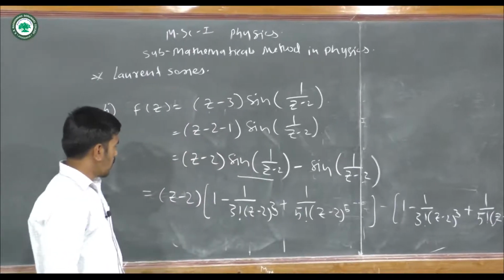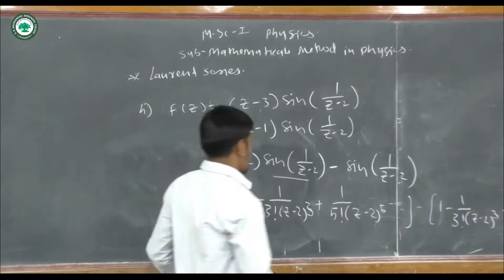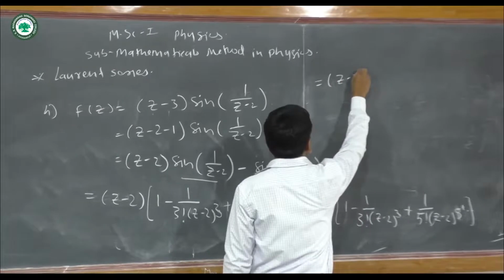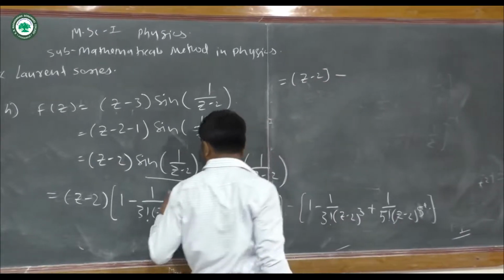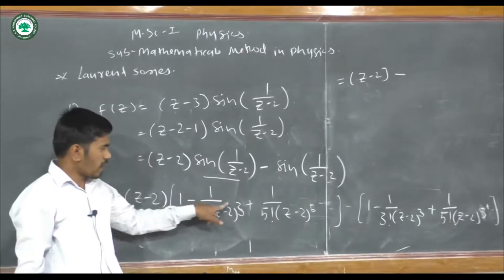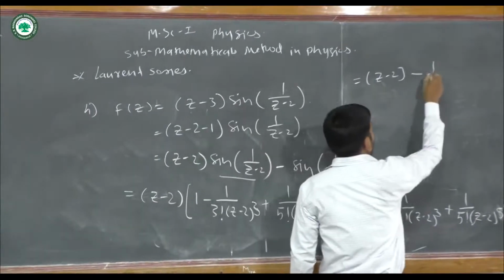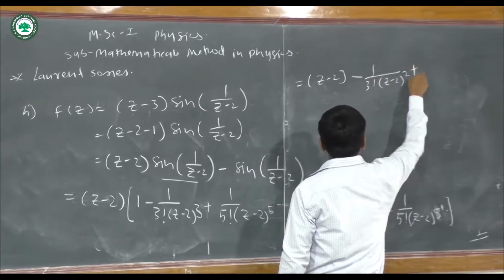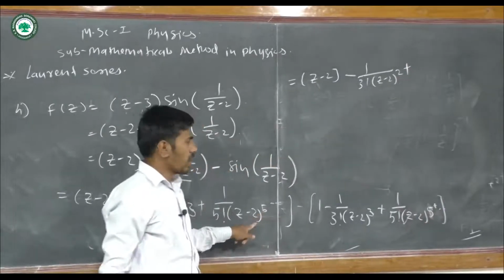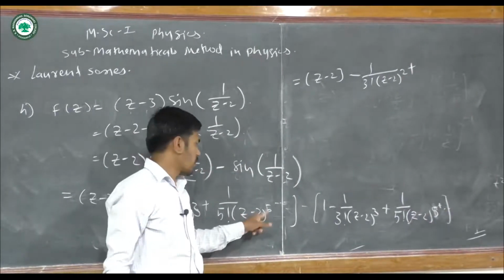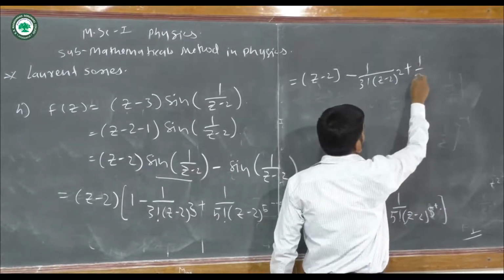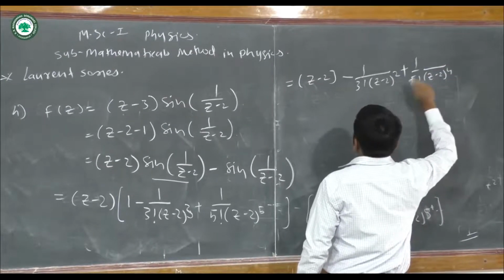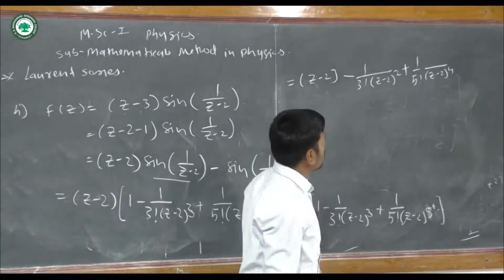Now if I multiply by z − 2, the leading term cancels, and we get 1 minus 1/3! divided by (z − 2)² plus 1/5! divided by (z − 2)⁴.